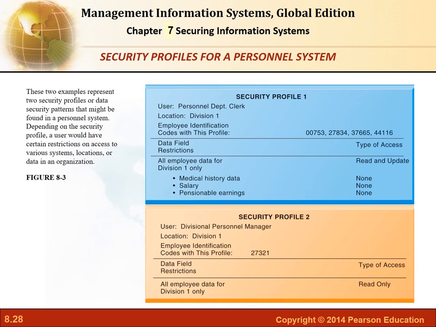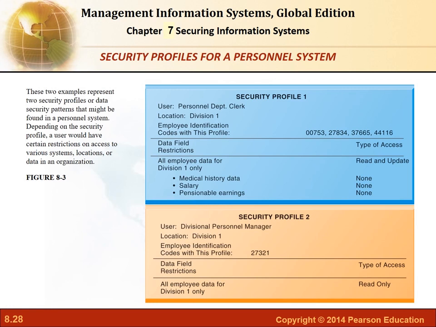This graphic illustrates the security allowed for two sets of users of a personnel database that contains sensitive information such as employee salaries and medical histories. One set of users consists of all employees who perform clerical functions, such as inputting employee data into the system.